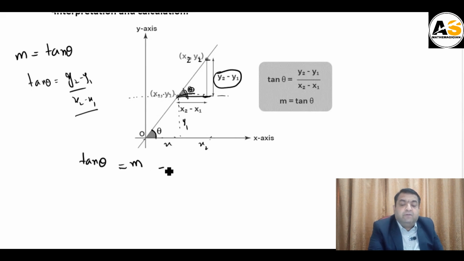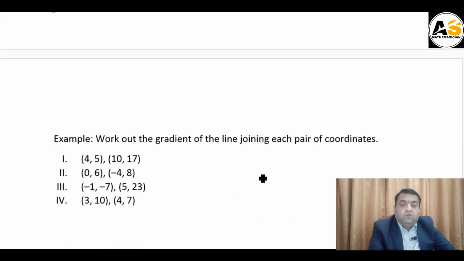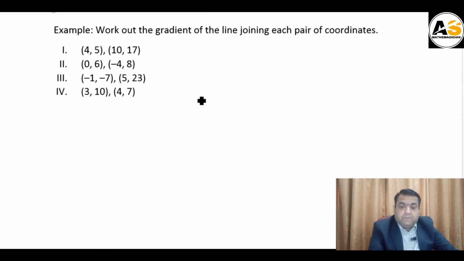This is denoted by m. It is calculated by y2 minus y1 over x2 minus x1, where x1, y1 and x2, y2 are any 2 points of a straight line. Let us solve some questions.